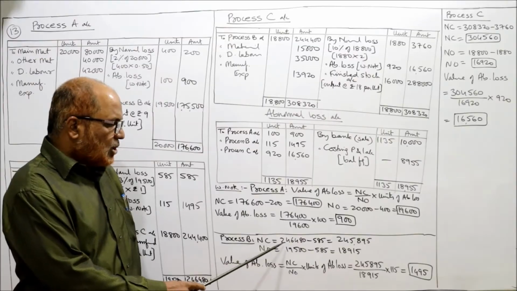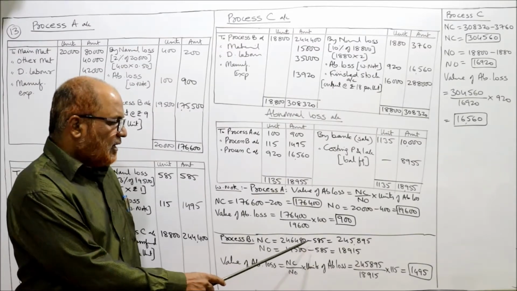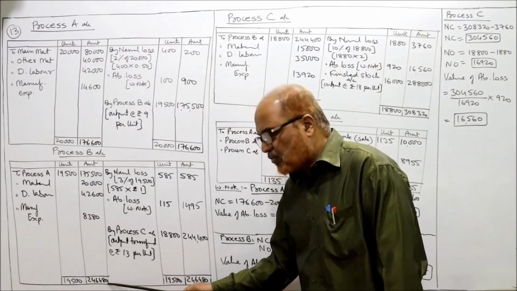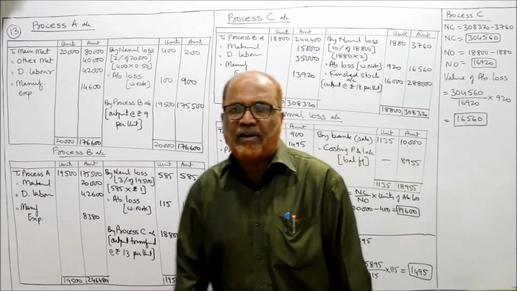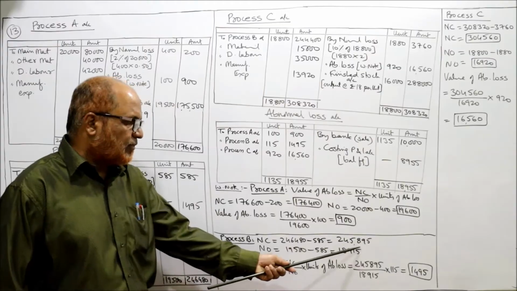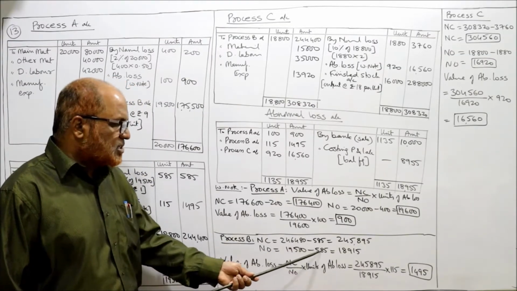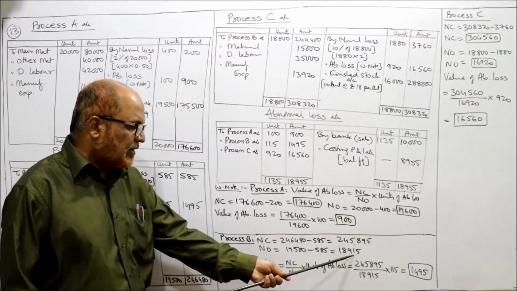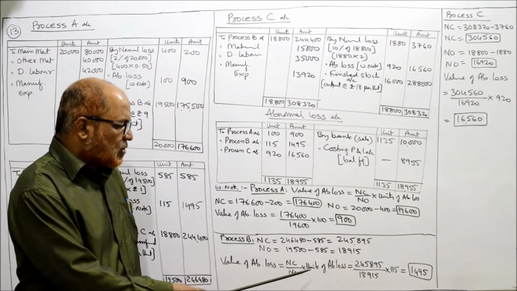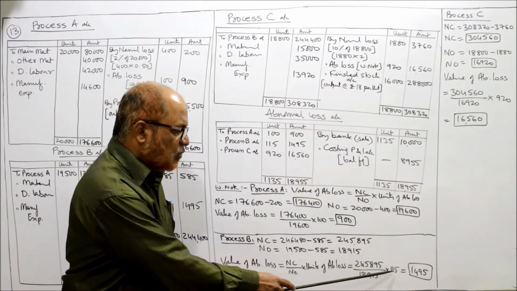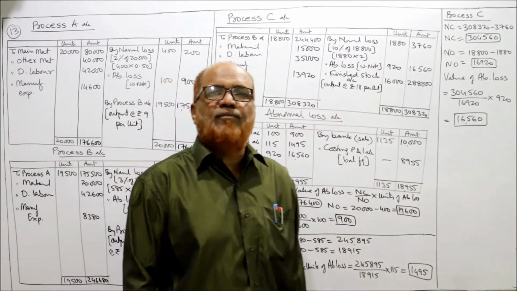Value, normal cost. 2,46,480 minus 585. Debit side, if you take the total, 2,46,480 minus 585. So normal cost we got 2,45,895. Normal output 19,500 minus 585, 18,915. So value of abnormal loss is equal to 2,45,895 divided by 18,915 into 115. 1495.